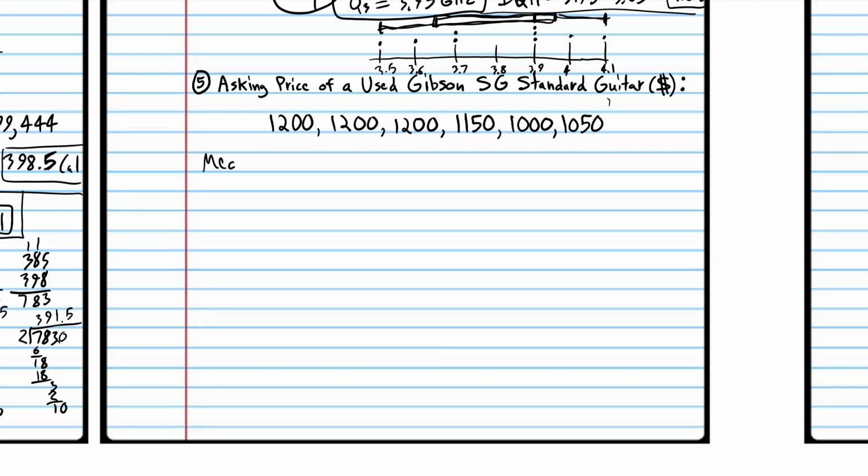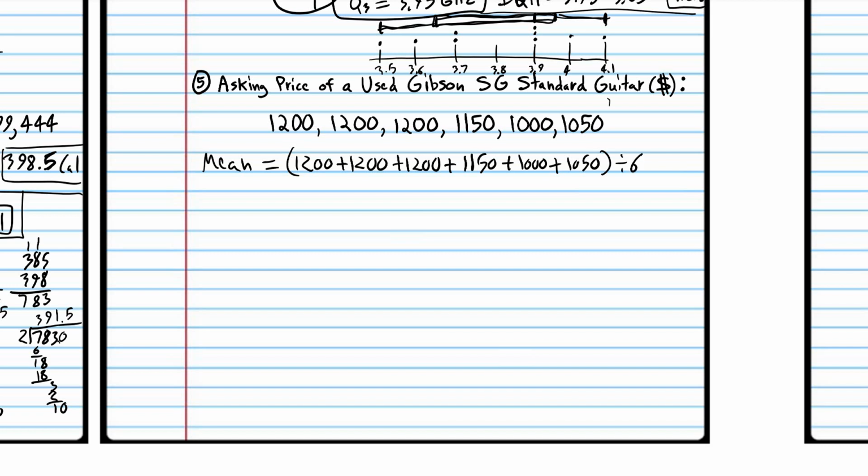All right, we're back. The mean is equal to the sum of the numbers, 1200 plus 1200 plus 1200, and so on and so forth, all divided by how many numbers there are. There are 1, 2, 3, 4, 5, 6 numbers. So divided by 6 numbers.